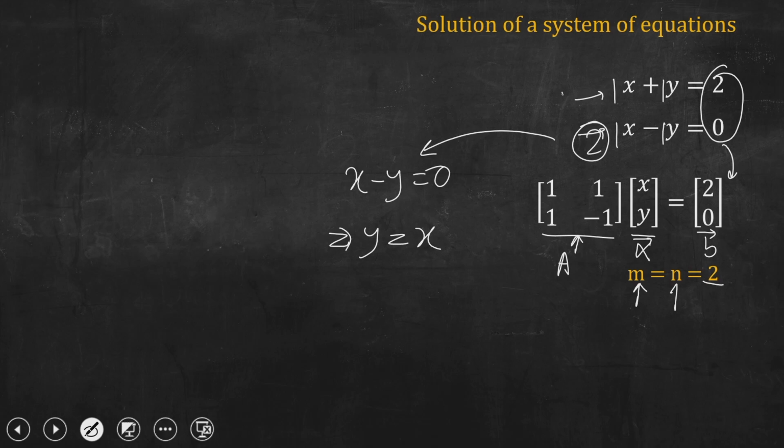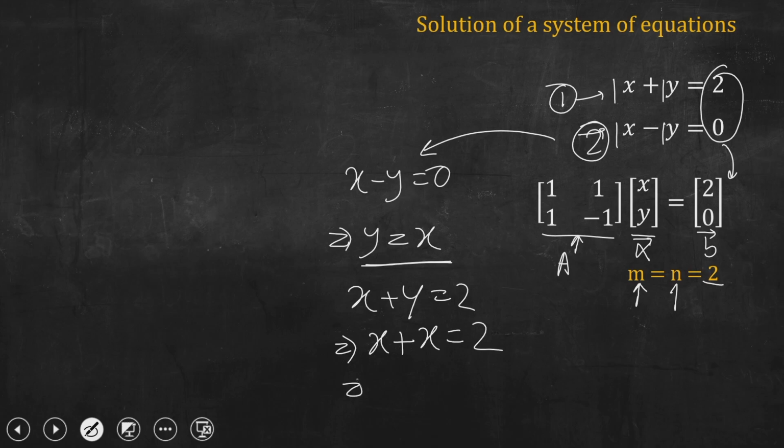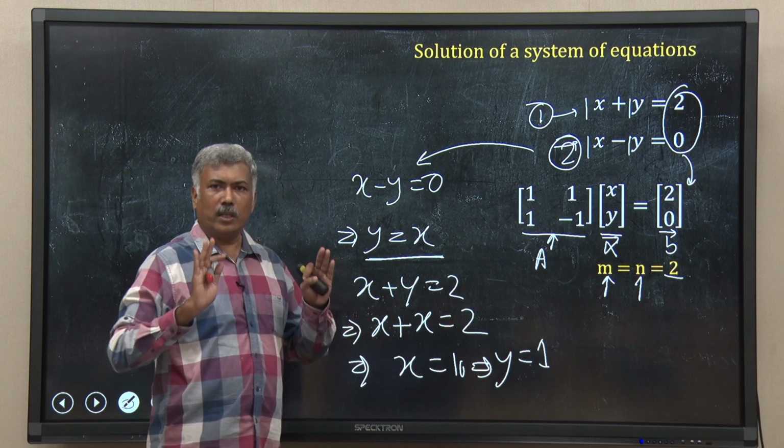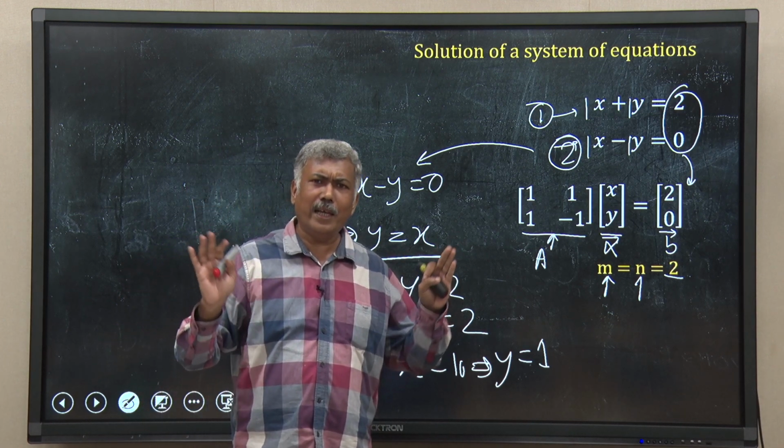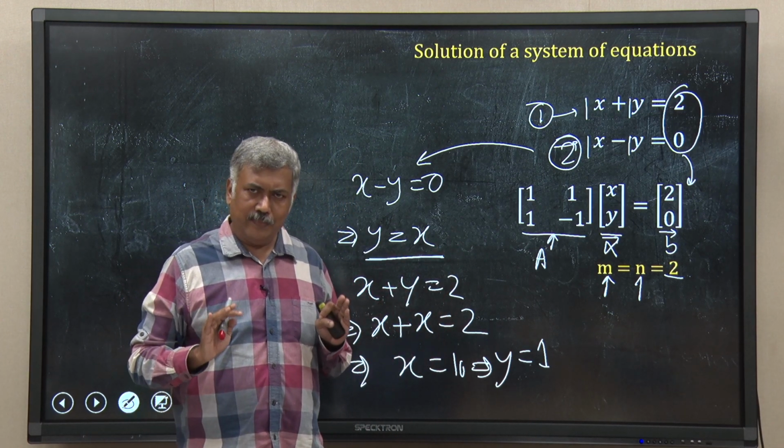Now, take the first equation, x plus y equal to 2, and replace y by x, as I have got from the second equation. So, 2x equal to 2, that means x equal to 1. That will give me y equal to 1 also. So, (1, 1) is the solution, as simple as that. You do not need linear algebra or a computer to do that, right.